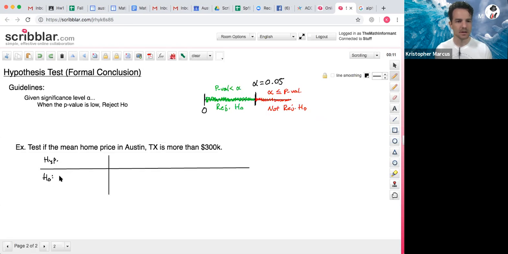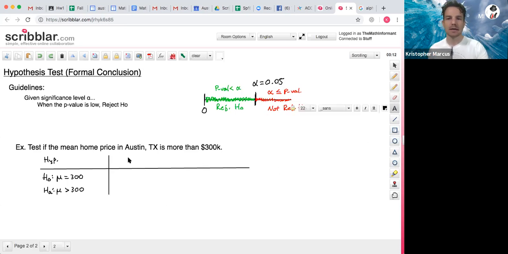Null is asserting that mu is $300,000. And then the alternative is whatever we're testing for. So in this case, it's more realistic, we said, to test to see if maybe the mean is greater than $300,000. I personally always suggest writing an interpretation as you're doing these just for your own convenience sake.